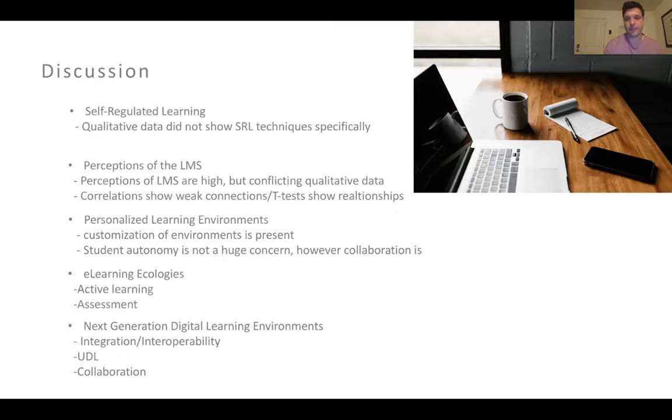And I didn't find a whole lot that referenced the personalized learning environment literature in terms of that student autonomy concept that I was talking about. But collaboration is also a big theme in the personalized learning environment literature. And I did find that collaboration between student-student and student-teacher was mentioned all over the place.